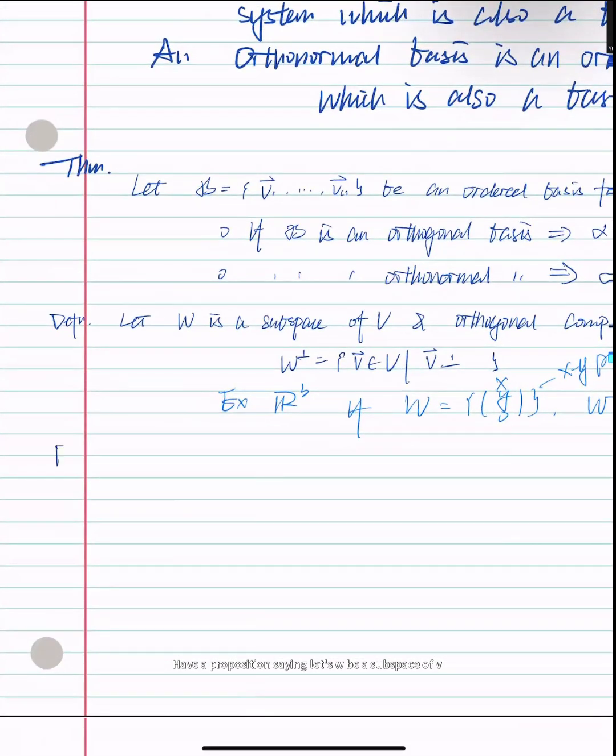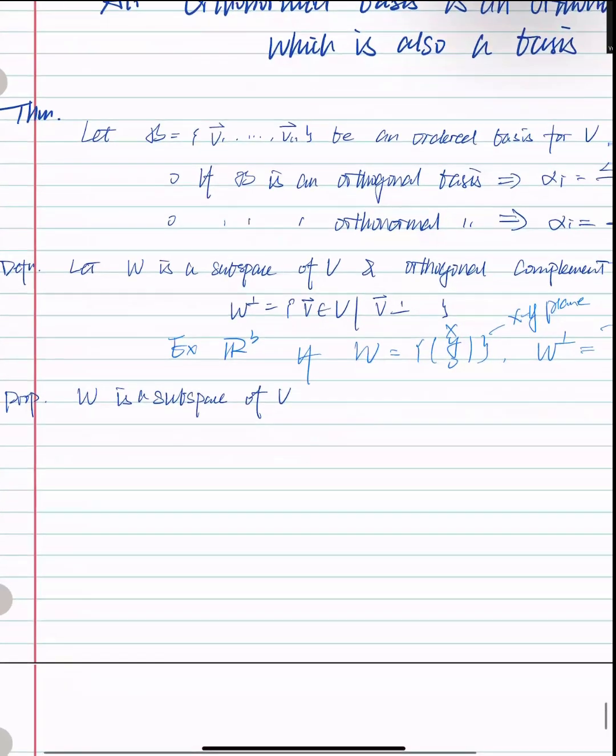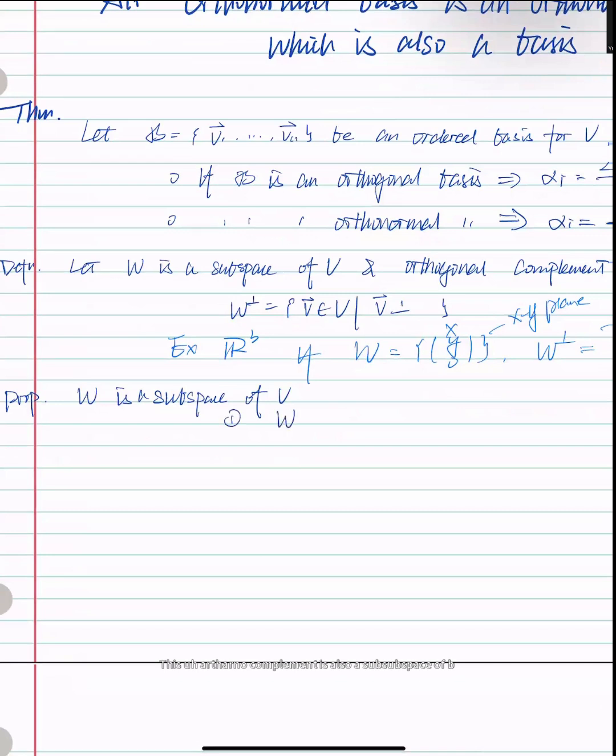We have a proposition saying: let W be a subspace of V. Then this orthogonal complement is also a subspace of V, and V is actually the direct sum of W and the orthogonal complement.